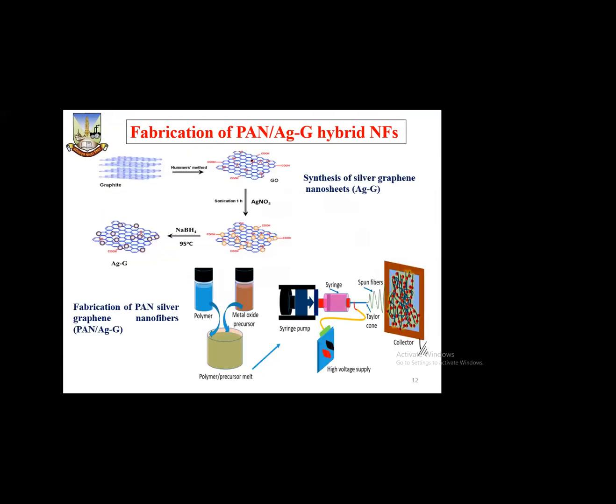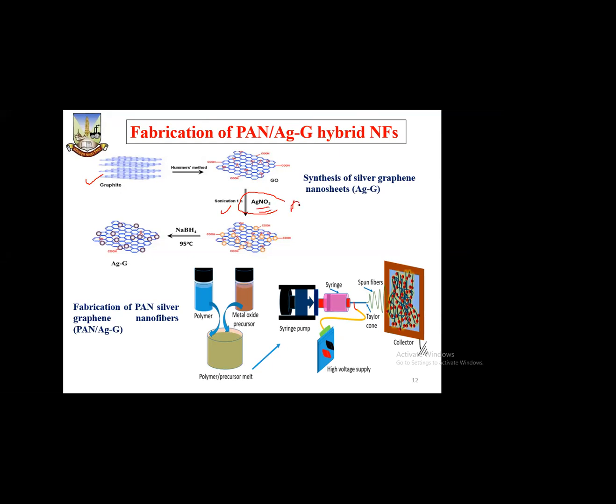Then fabrication of PAN AGG hybrid nanofiber, polyacrylonitrile silver graphite hybrid nanofiber. Initially, graphite can be converted into graphene oxide by the Hummers method. Then into that solution, add silver nitrate under controlled sonication for 1 hour. What will happen?